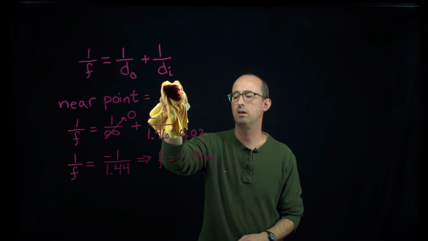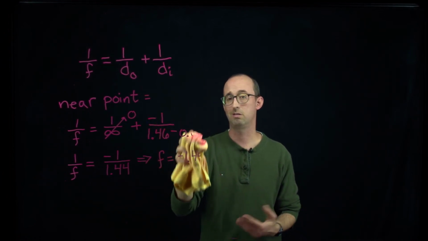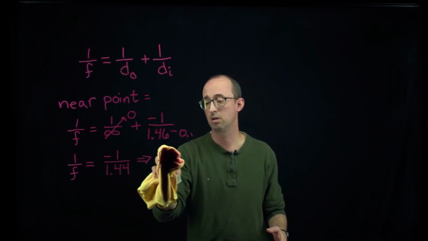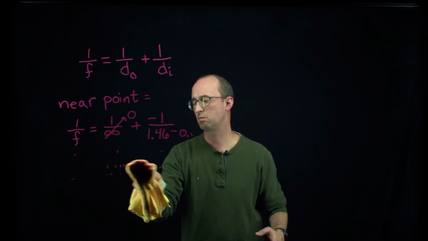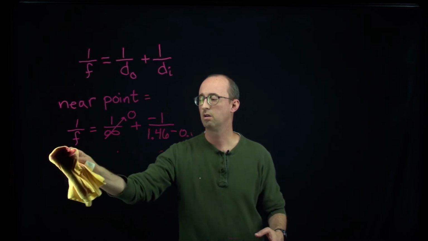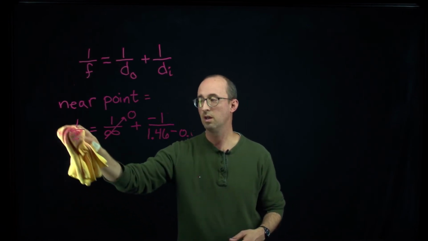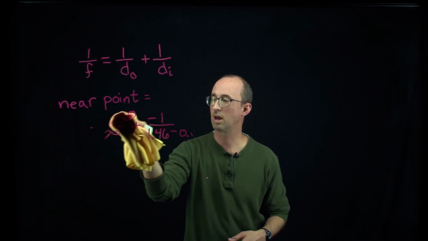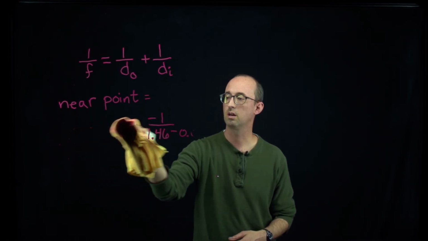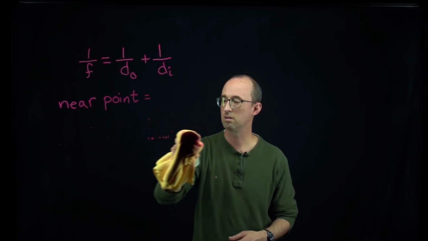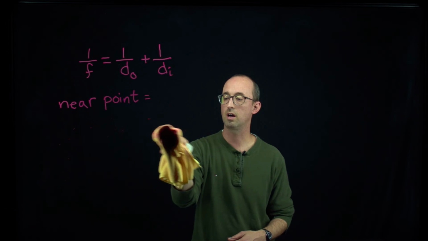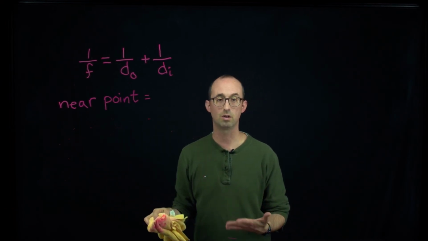For some people, it's better. Some people, it could be as low as 5 centimeters. But 10 centimeters is a really good estimate for what a person with perfect vision has as their near point. And so we want it so that somebody can have something as close as 10 centimeters to their eye, and it still be in focus.